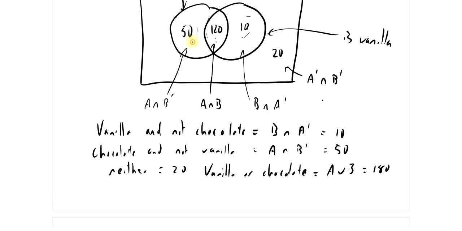Well, these people like chocolate, these people like both vanilla and chocolate, so they certainly like vanilla or chocolate, and these people like vanilla but not chocolate. So everybody who likes either one or the other or both: 50 people like chocolate but not vanilla, 10 people like vanilla but not chocolate, and 120 like both, so 180 total. So these three together is the union, right? The intersection is the part in the middle, and then the other spaces are sort of various complements.